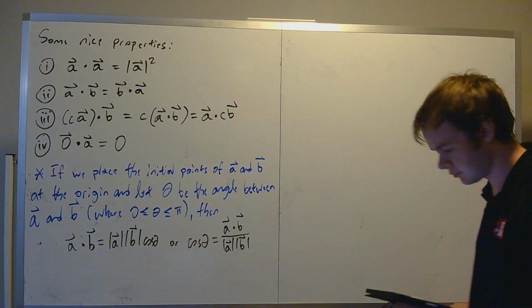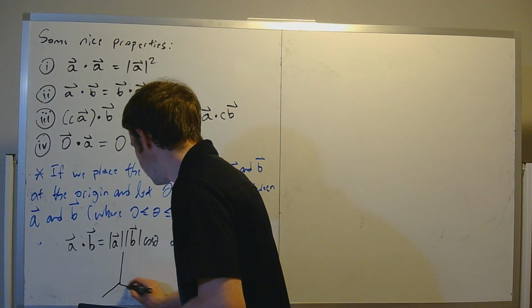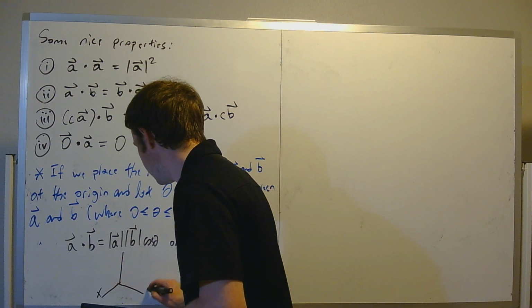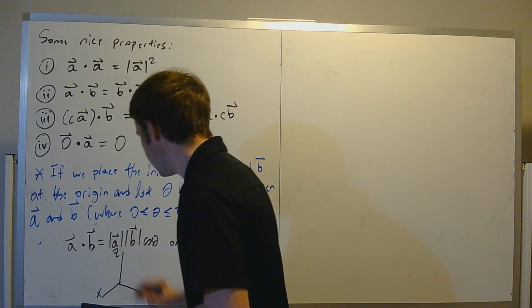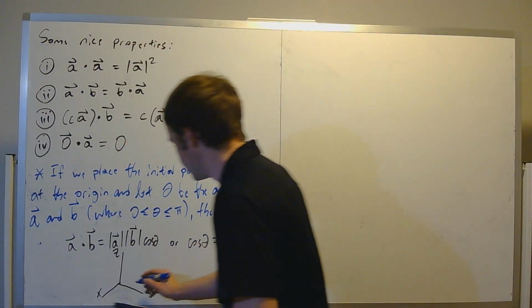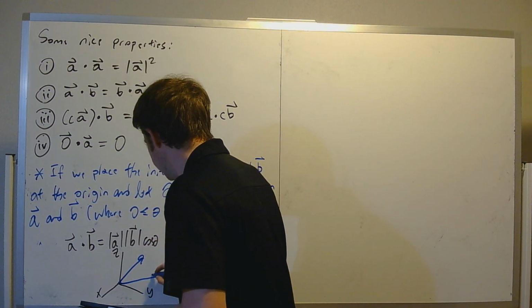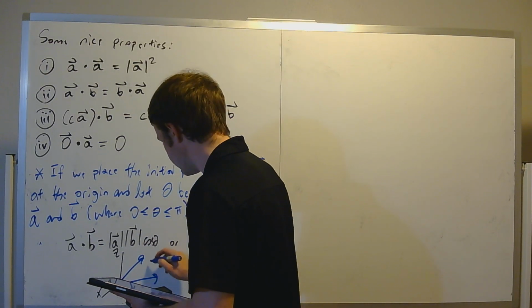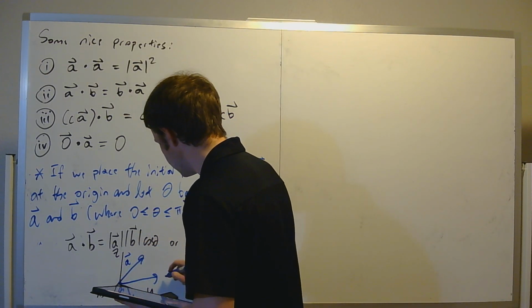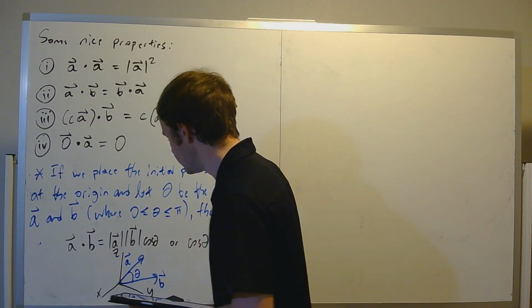And the setup to this is, let me just draw a small picture here. So this is the x direction, the y direction, and the z direction. And let's say we have our two vectors here and here. Let's say that this is A and this is our vector B. Then the angle between them is theta.